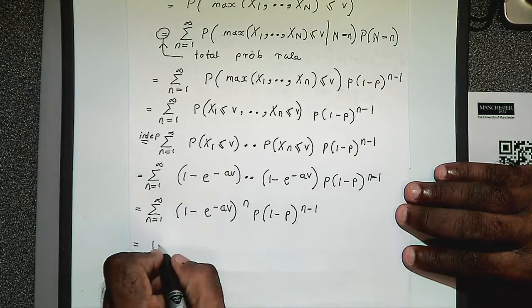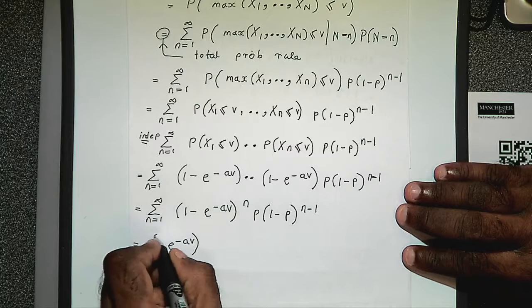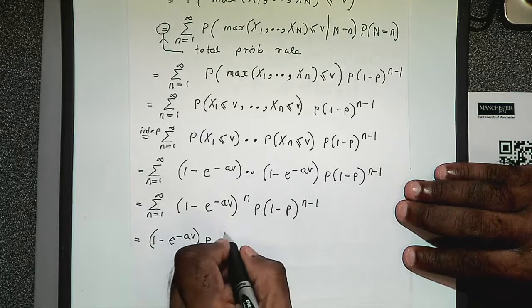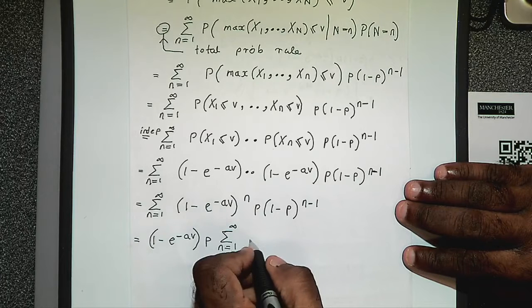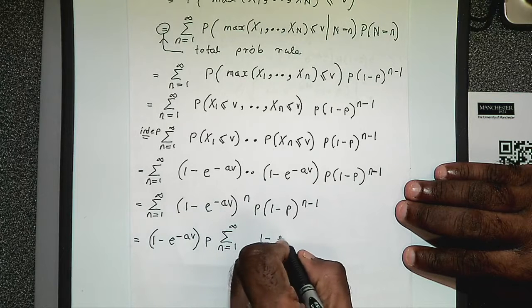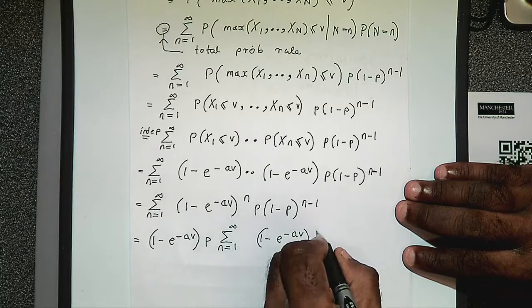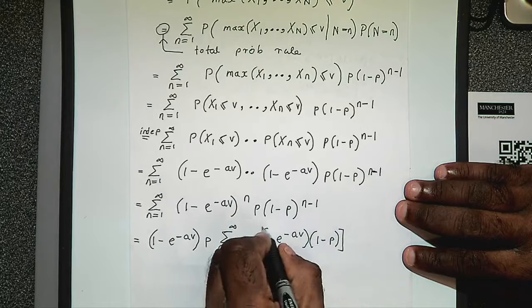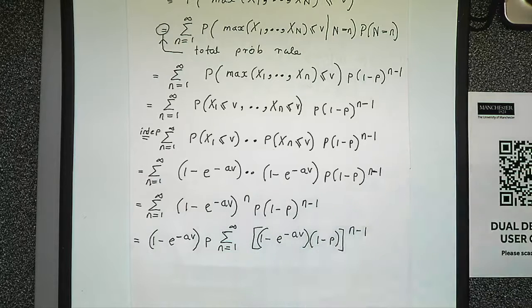I'm going to pull out this guy, and I'm going to pull out the P, right? So inside the summation, you will have this, yeah.